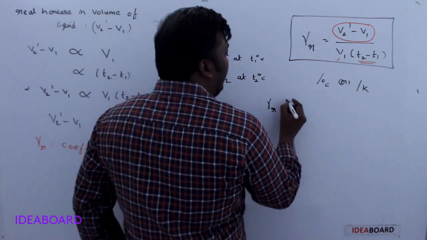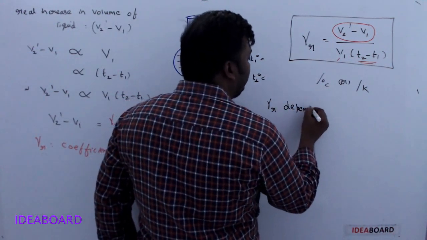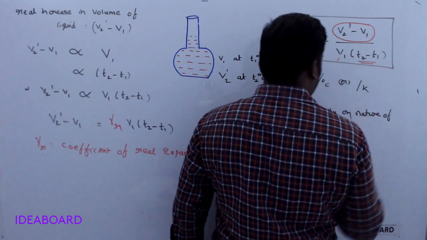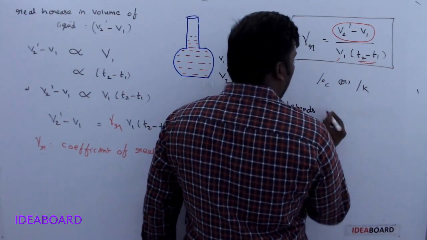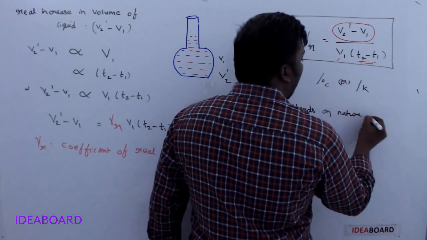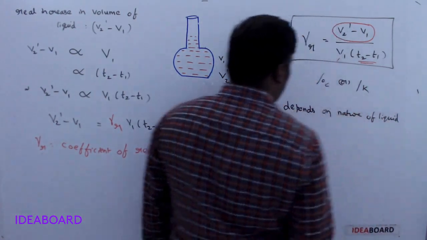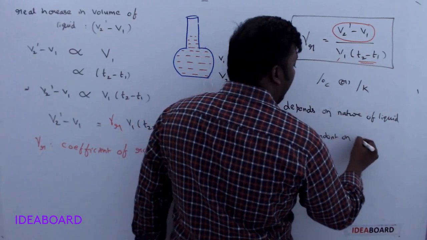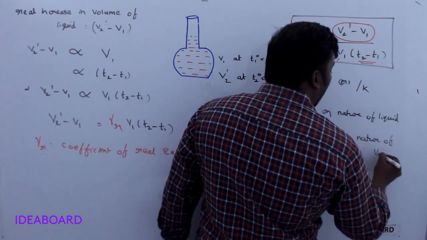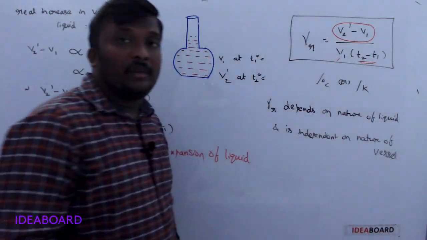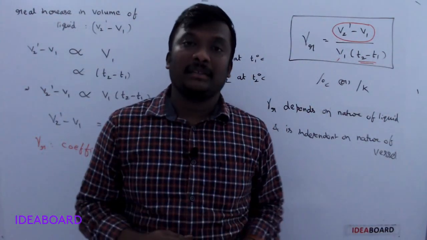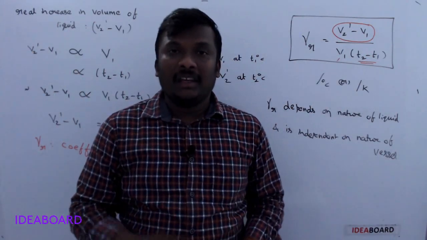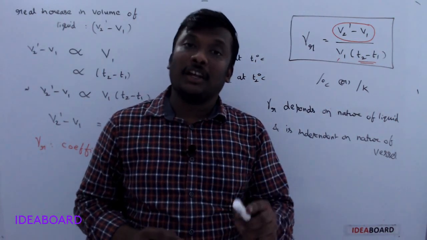Understand? So formula-wise, gamma R and gamma A are both the same, but the important thing is gamma R depends only on the nature of liquid and is independent of the nature of vessel. If you take certain milk in a copper vessel and in a steel vessel, then gamma A depends on the nature of the vessel.